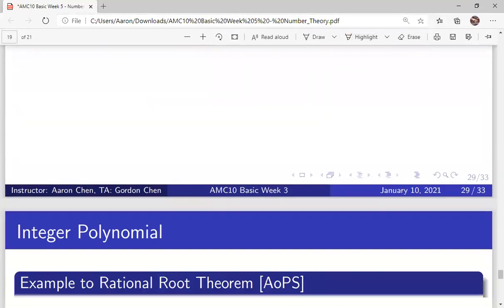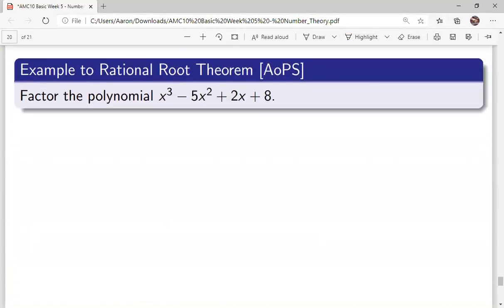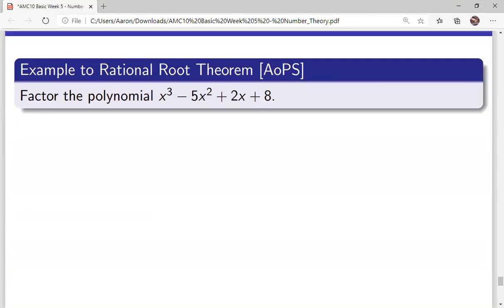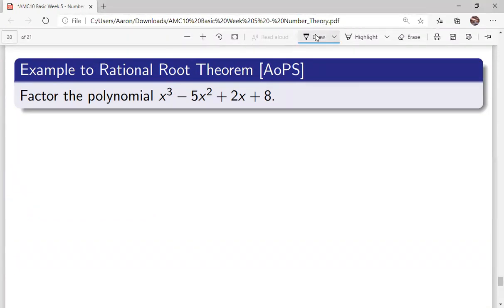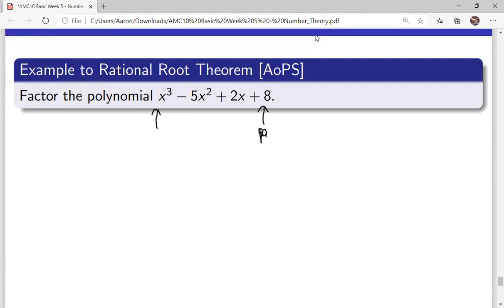Alright, so here's an example of a use for the rational root theorem. And now there's basically no time left, so I'll just directly go over it. So by the rational root theorem, the numerator of any rational root divides 8, and the denominator of any rational root divides 1.